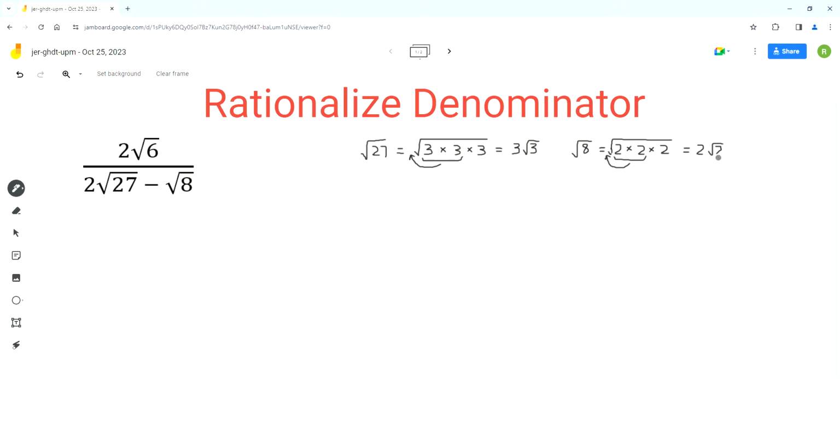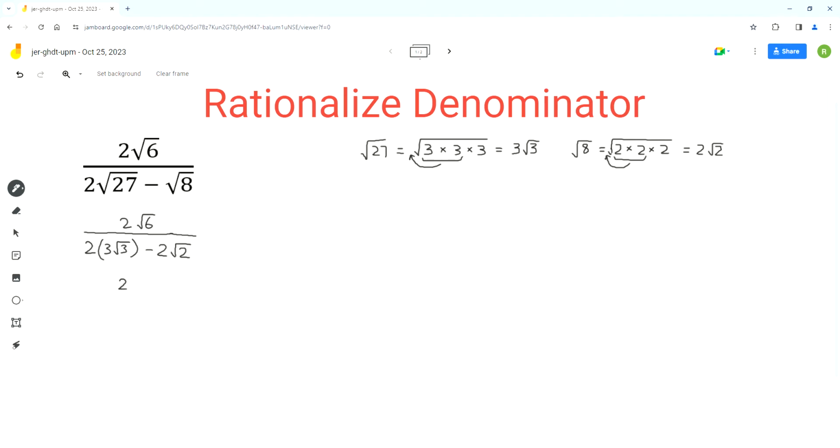So the third 2 stays under the square root. So now we can rewrite the given expression. 2 square root 6 in the numerator, and that stays the same, over 2 times 3 square root of 3 minus 2 square root 2.